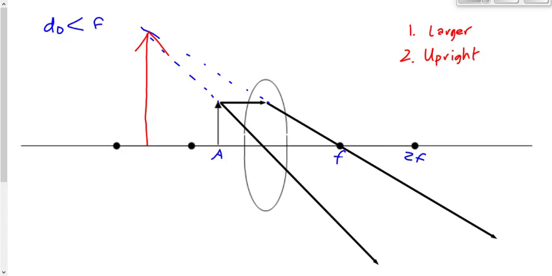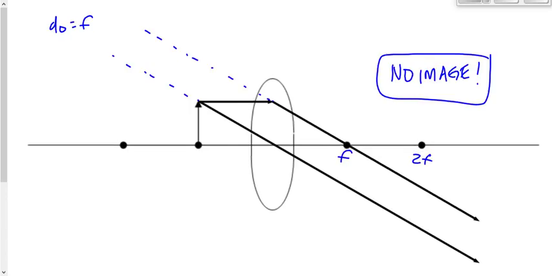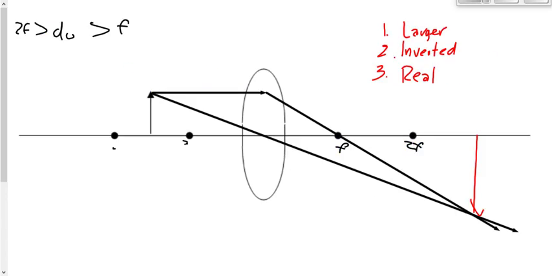Real or virtual? This is virtual. For the first time, we see a virtual image. Now, listen very carefully. Real image can be projected onto a screen. Virtual image can't be projected onto a screen. We know this because back here for a real image, solid lines intersected.